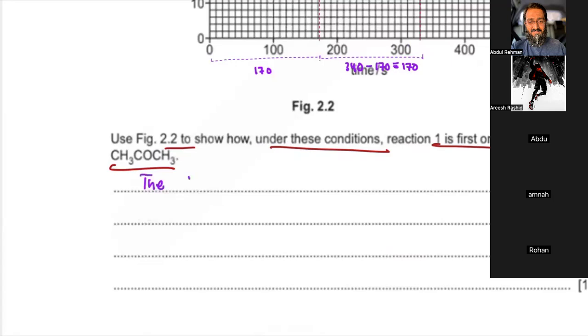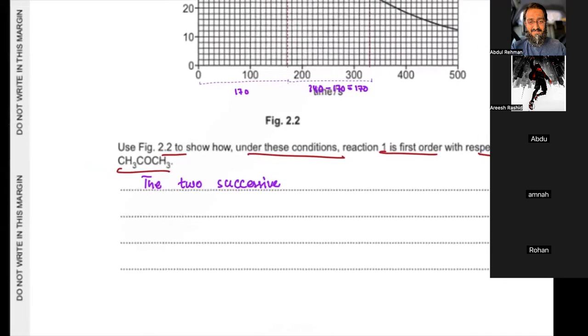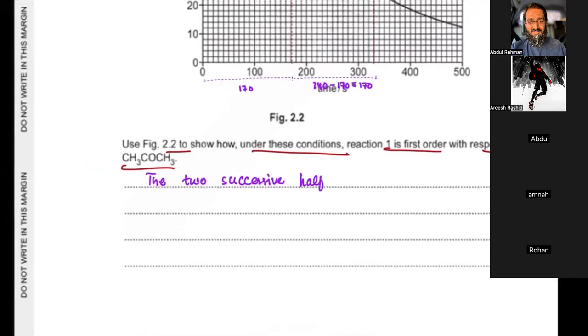So the two successive half-lives are constant, that is 170 seconds.